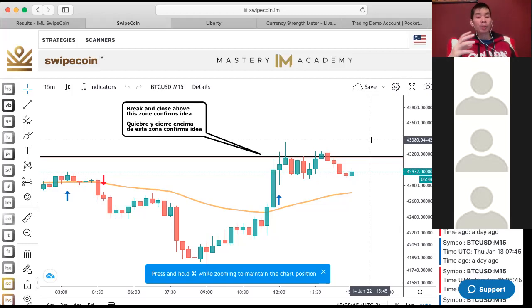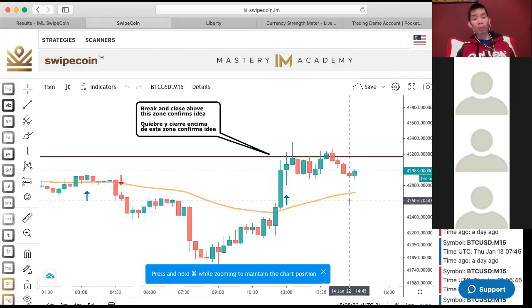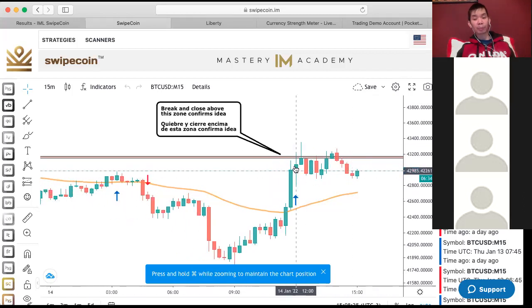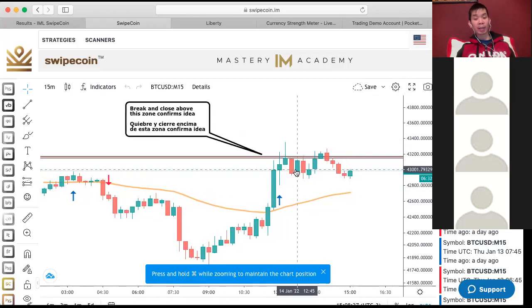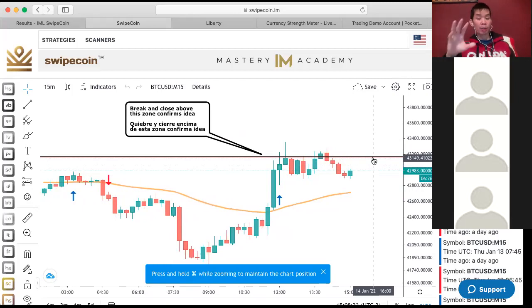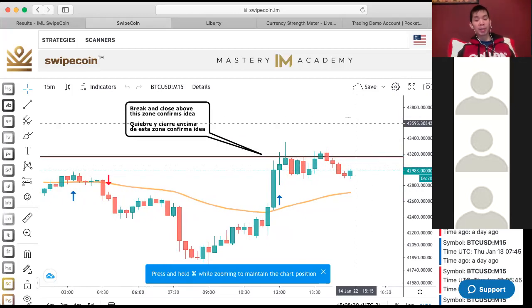And how you can mark up this chart yourself without waiting for the educator is this. You would wait for these green candles to close above this pink line, okay? Then kind of what I did yesterday with the picture that I sent in the chat. So I'm going to try and continue doing that as best as I can.